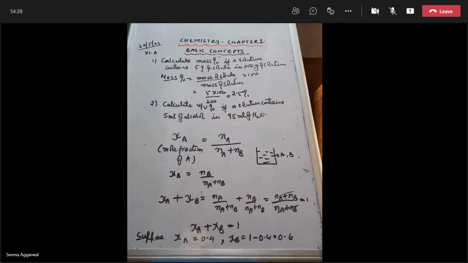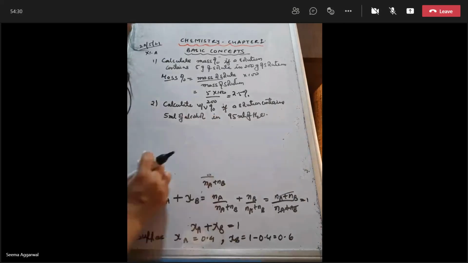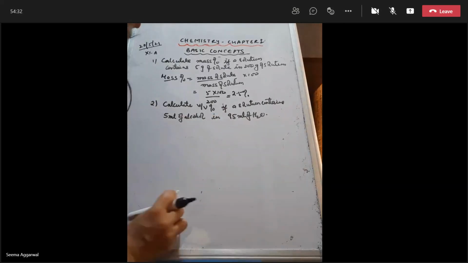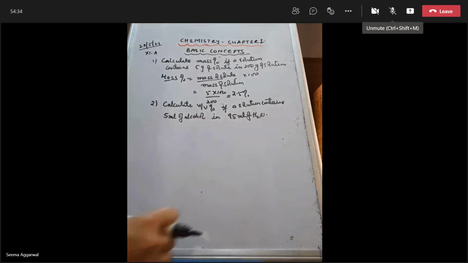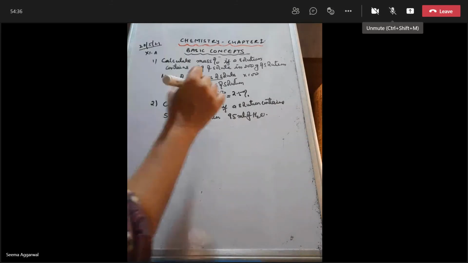These questions I am forming on my own, easier questions. Calculate volume by volume percent if a solution contains 5 ml of alcohol in 95 ml of water.